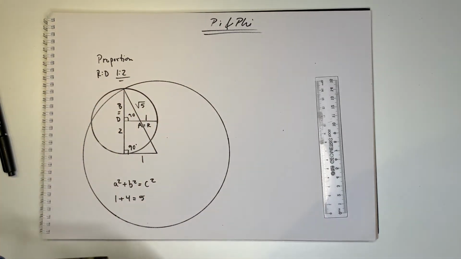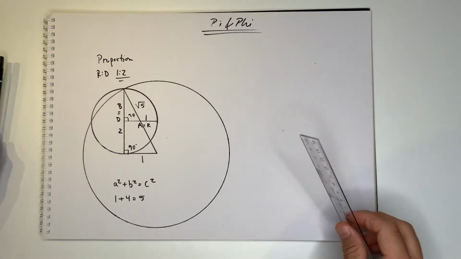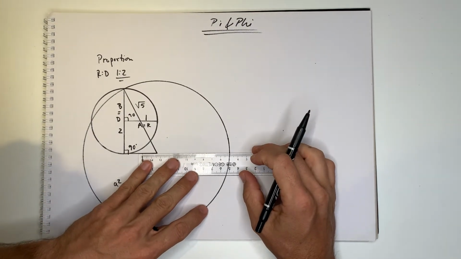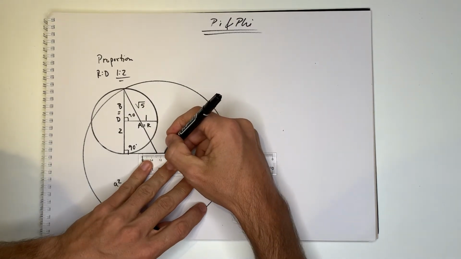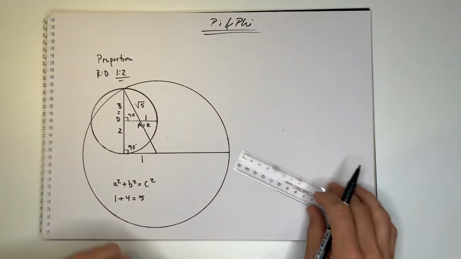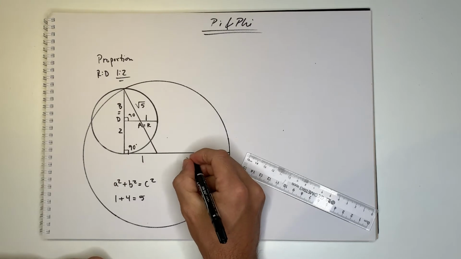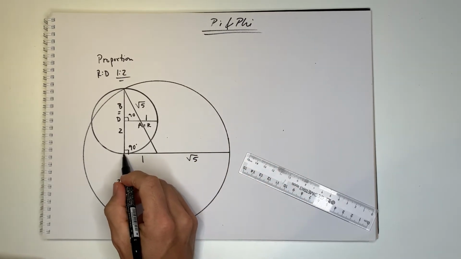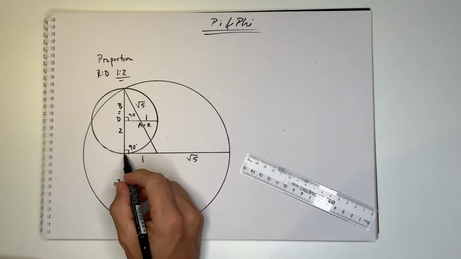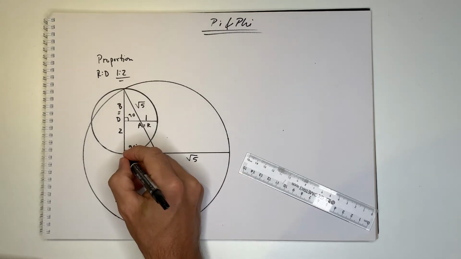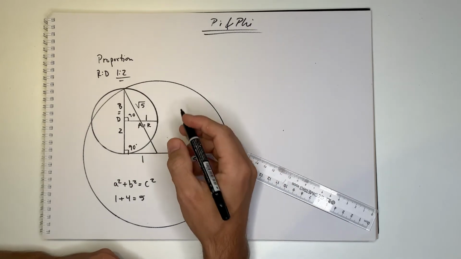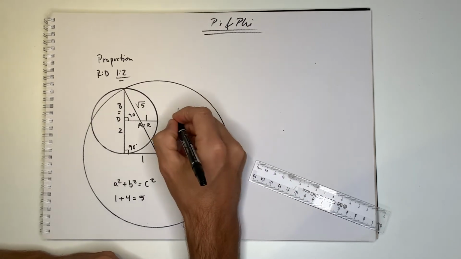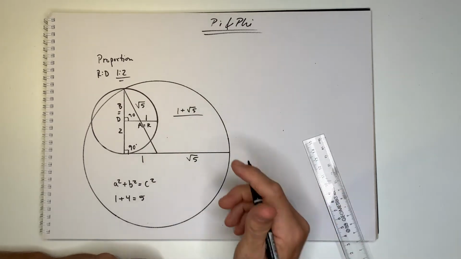So we get a circle there. What I want to do next is add this length of root 5 to the radius. So that's root 5. So now we have a length from here to there, which is 1 plus root 5.